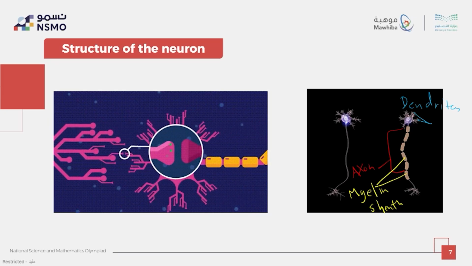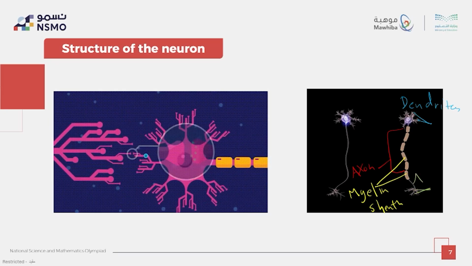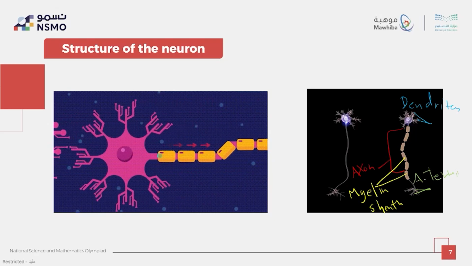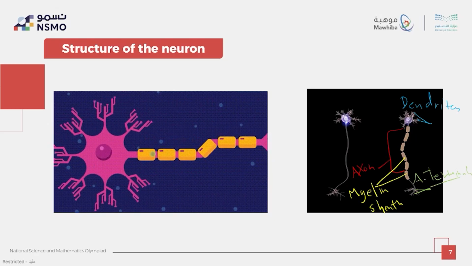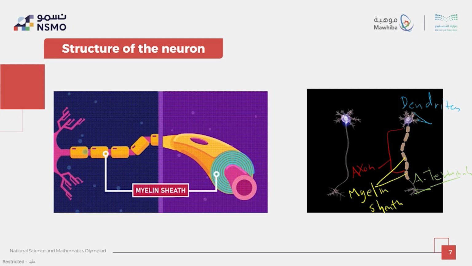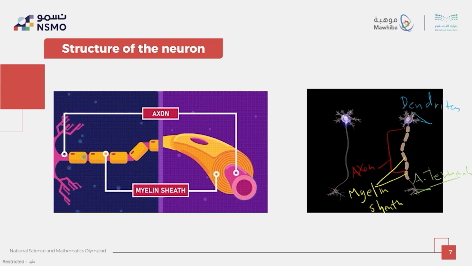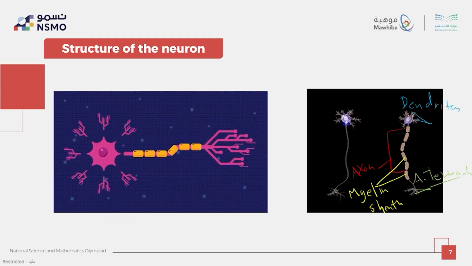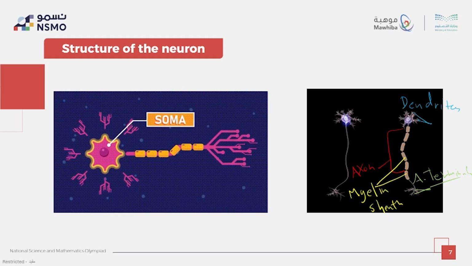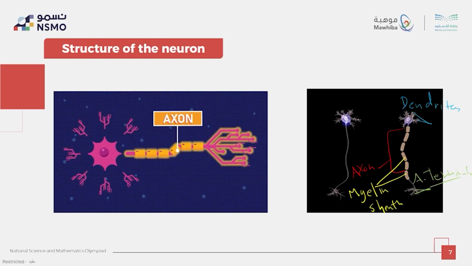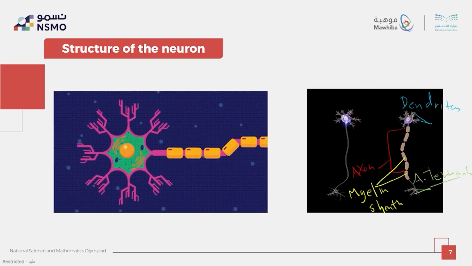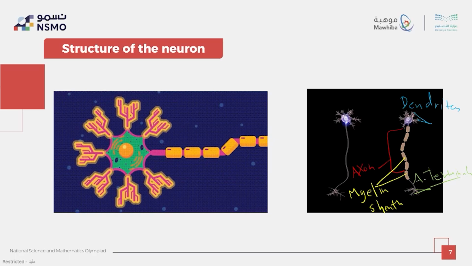So what are axon terminals? They are fine branches at the end of the axon where the signal is passed to the next neuron. They act as sending stations that release neurotransmitters to carry messages across the synapse.